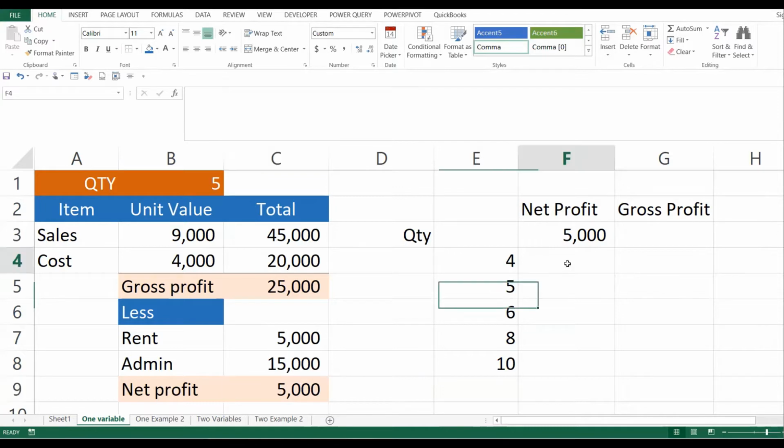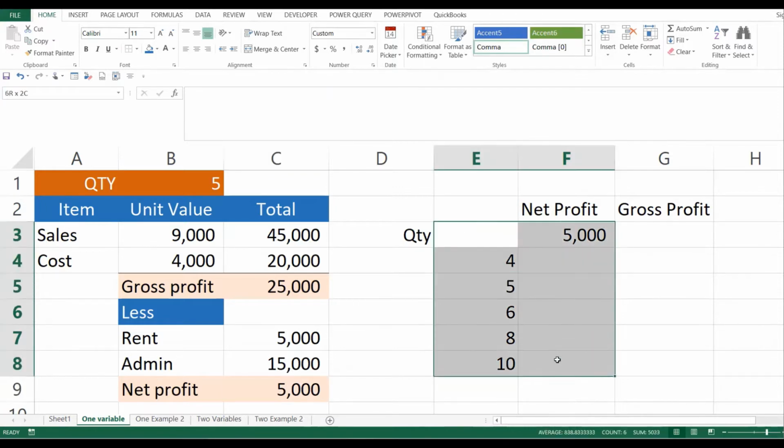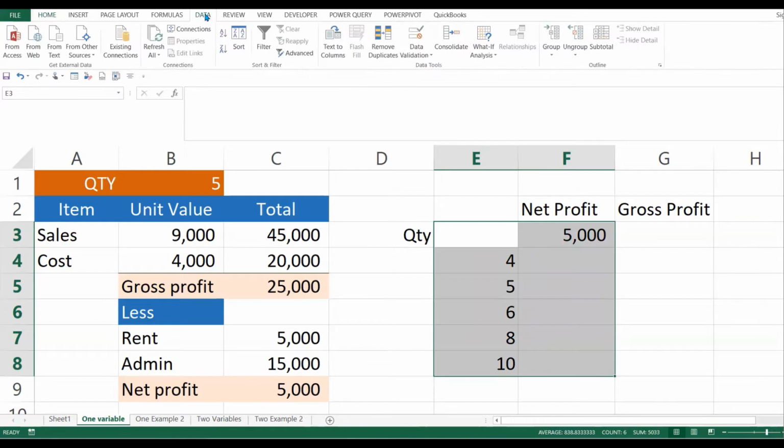After you have done that, highlight this here like I've done. Go to data. When you move to the right, you'll see here what-if analysis. This what-if analysis will help us to analyze, and we are asking our question, what if our quantity is 4?